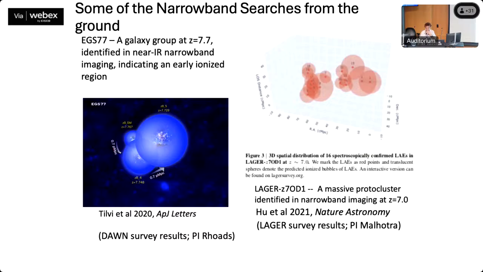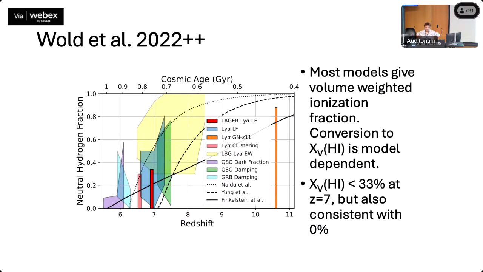But that's my personal bias. Anyway, moving on. When you compare the luminosity functions, the distribution of galaxies, they're not vastly different at redshift 7 from 6.5 or 6, which is already ionized, we think.